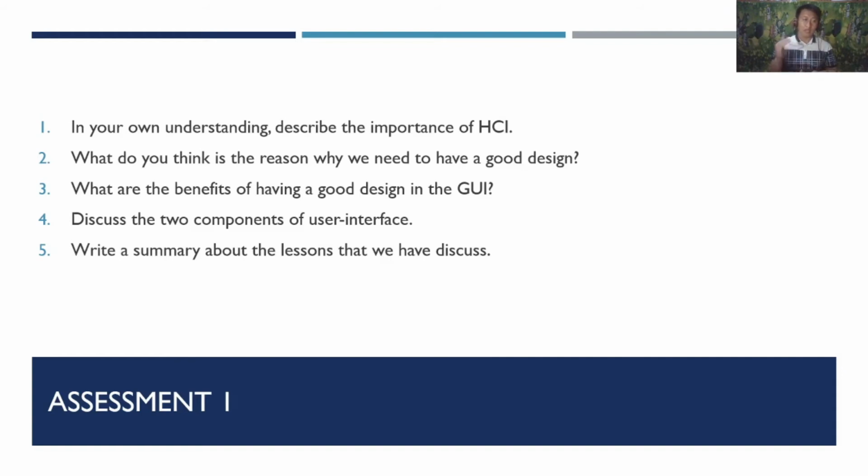Second, what do you think is the reason why we need to have a good design? Third, what are the benefits of having a good design in the GUI? Fourth, discuss the 2 components of a user interface. And lastly, write a summary about the lessons that we have discussed.